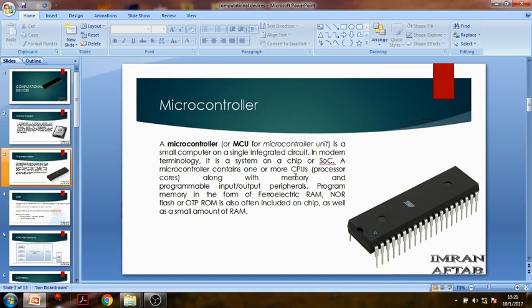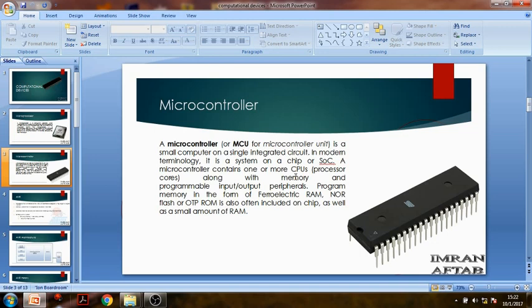There are various microcontrollers in the market, with various manufacturers making different types. It depends on you which microcontroller you want to use, and on the type of project you want to develop.